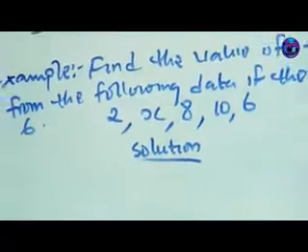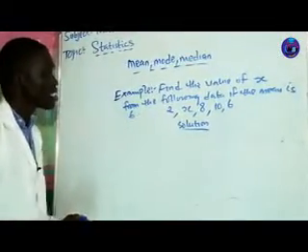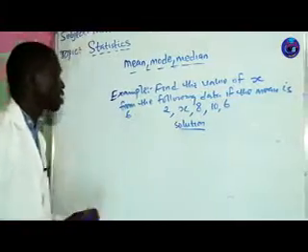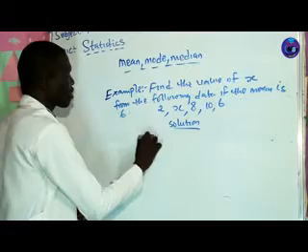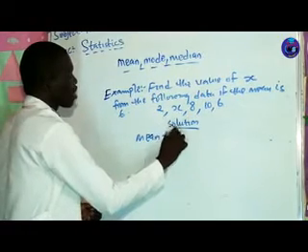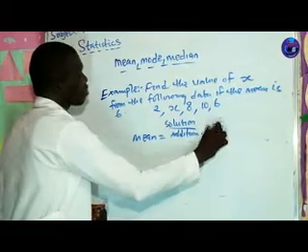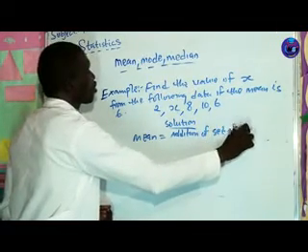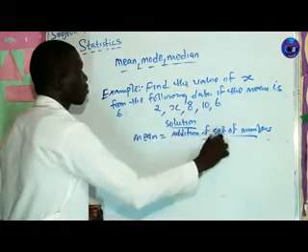Okay, now this is the question that I'm talking about. Find the value of X from the following data if the mean is 6. Now, what are we going to do? Remember that mean is the addition of a set of numbers divided by the total number. Okay.